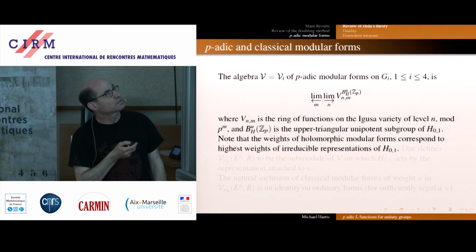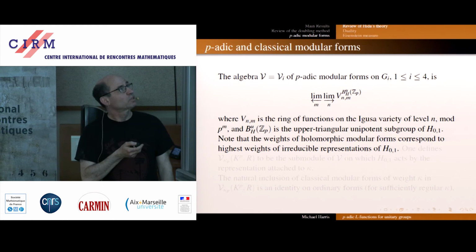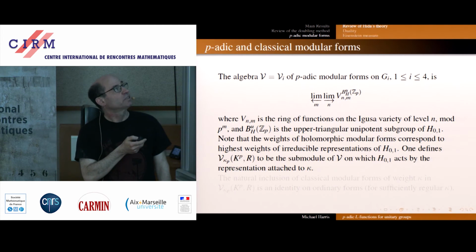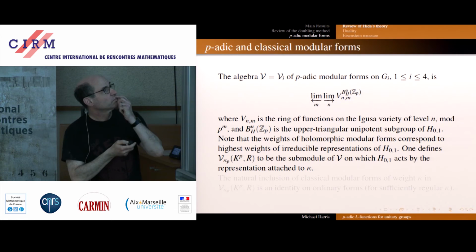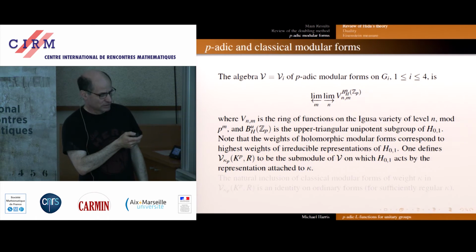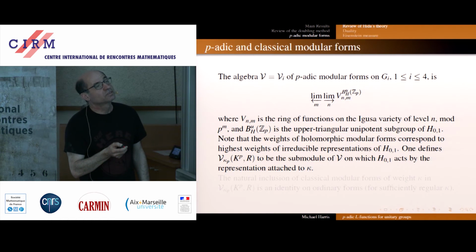The weights of holomorphic modular forms correspond to highest weights of irreducible representations, and as I said, all that remains after you've done this is the highest weights. And so you can define the ordinary p-adic modular forms of weight kappa to be the submodule on which this group acts by the representation attached to kappa.